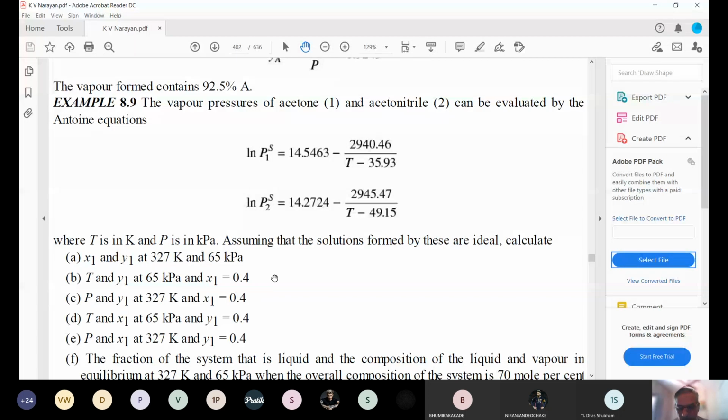It is called bubble point. When the temperature is given and composition in the liquid phase is given, you are finding the composition of the Y phase, right? And temperature. ठीक है? Any doubts on that, whether it is bubble point or not?